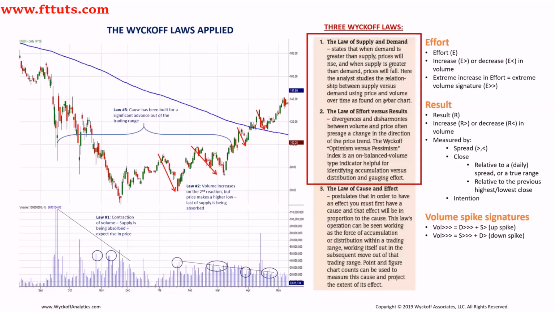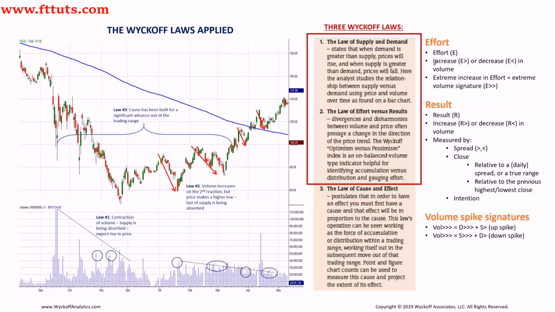Now, the biggest law for me in the whole methodology is the law of effort versus result. Because effort versus result encompasses both a situation where supply is larger than demand and the price goes down easily, and when demand is larger than supply and the price goes up easily. But it also suggests a different scenario.